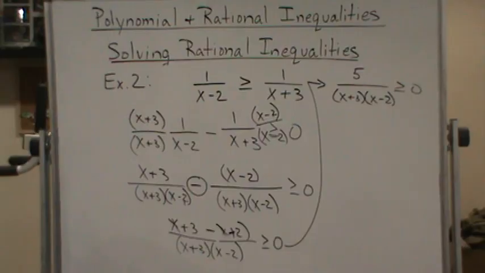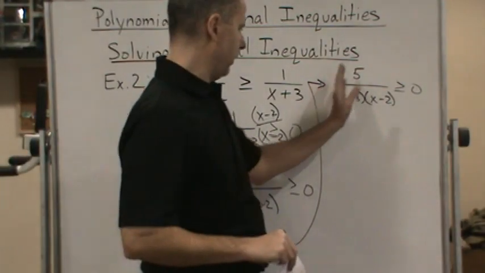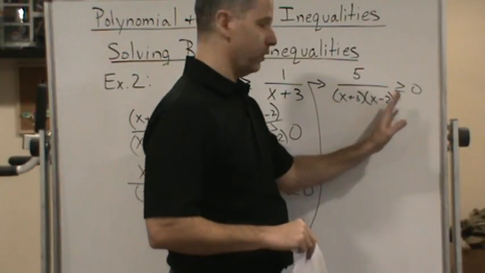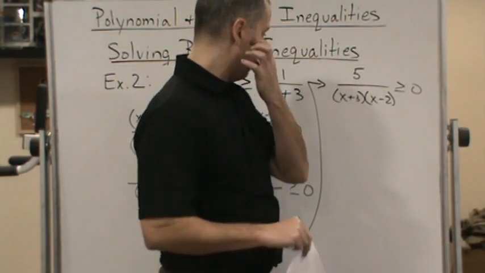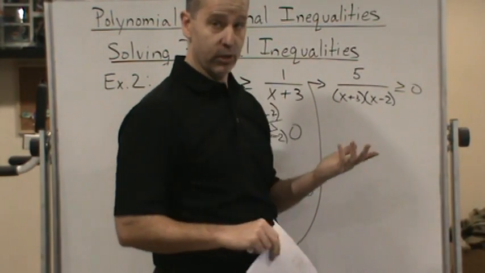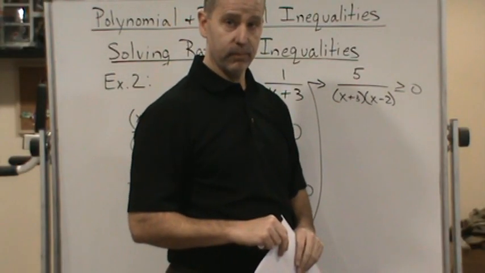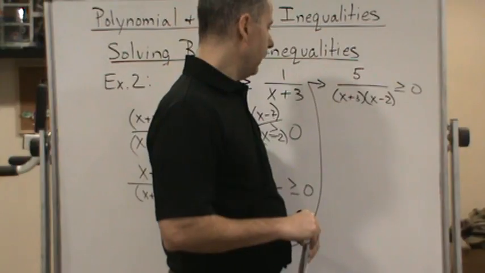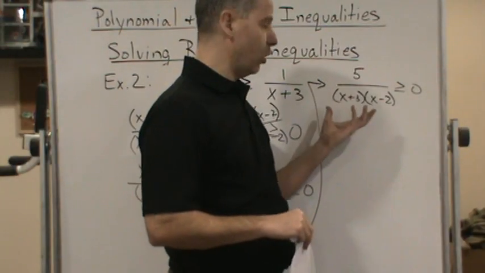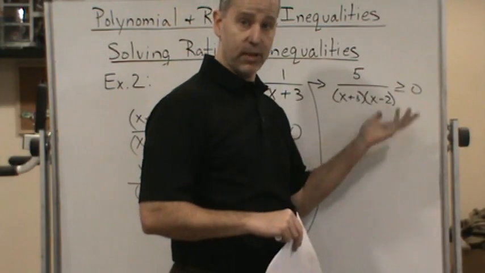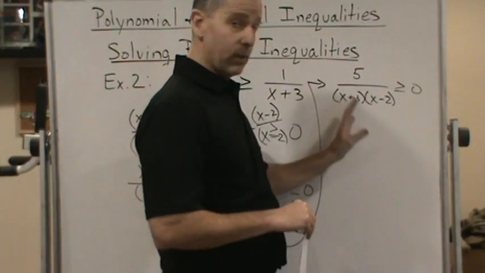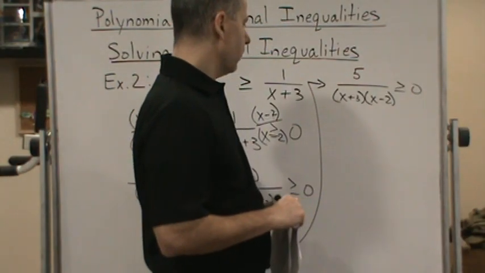Now, for solutions, there are no real solutions because there's no value of x that will make this equal to 0. Okay? So there's no real solutions to this. In other words, there's no intercepts either. So no zeros.